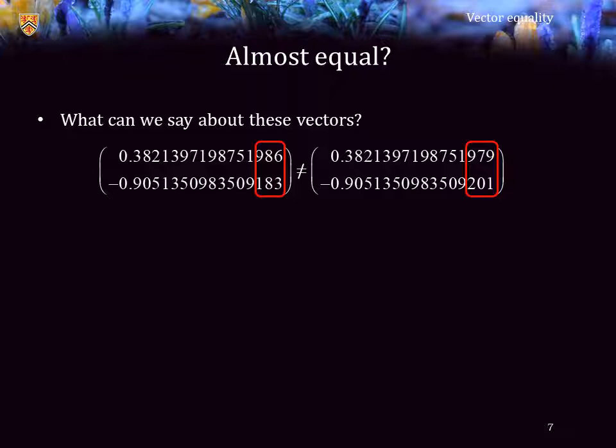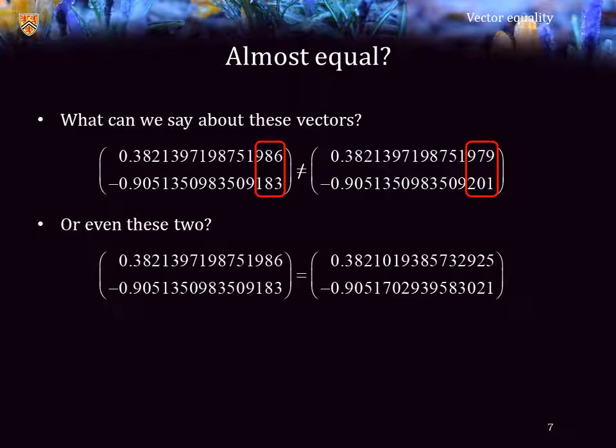The last few digits are slightly different, but most of the digits are the same. So are they almost equal? Similarly, let's take a look at these two vectors. Are they equal? Well, once again, we notice that the first four digits are equal, the rest of the digits are unequal. Now, suppose this was a measurement of how tall an object was in meters.